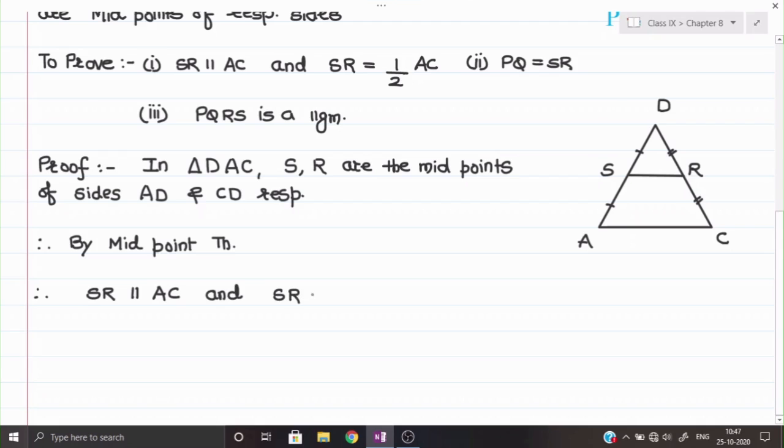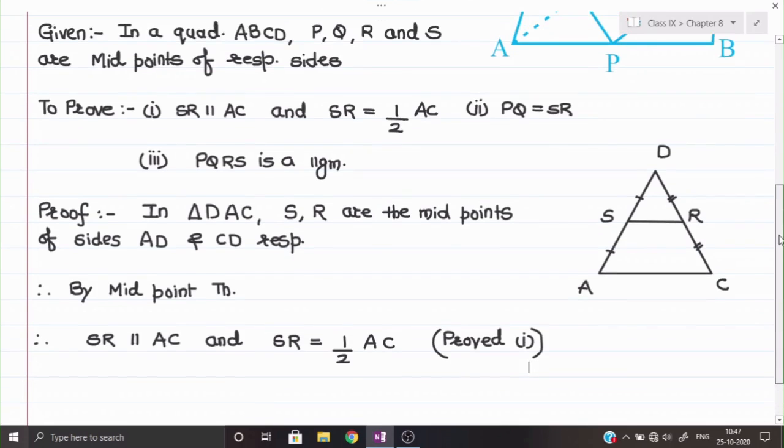So SR will be equal to half of AC. So here you can see that the first part is proved. Now what is the second part required? PQ and SR we require to prove equal.